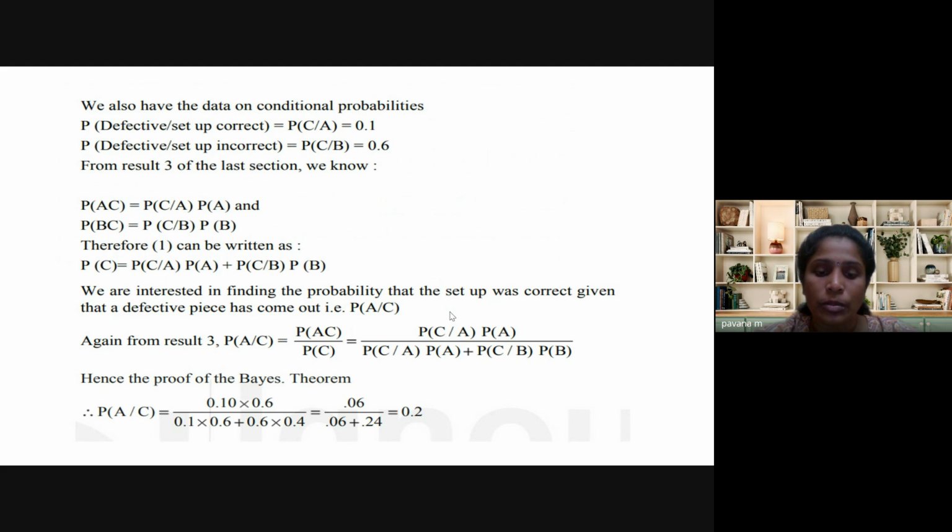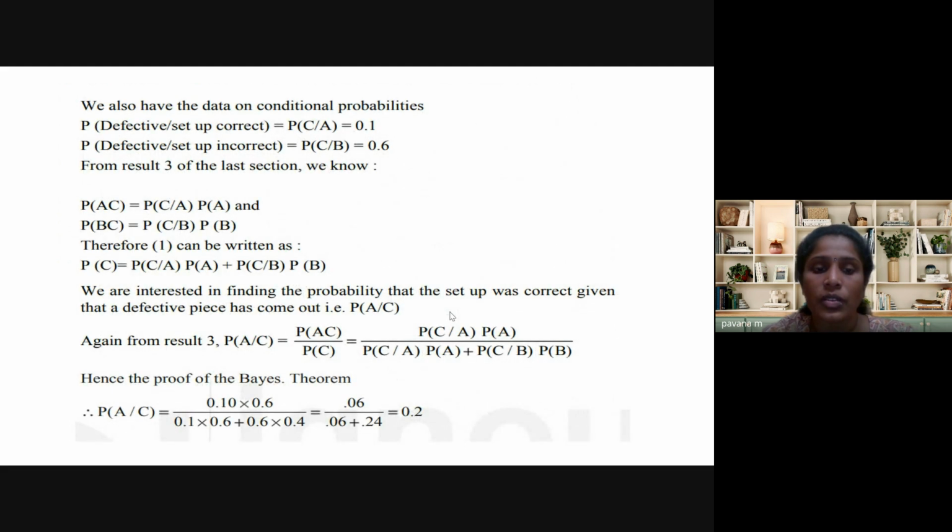When you calculate this, you will get the value 0.2. That means P of A by C is equal to 0.2. So when the machine was correctly set, this is the share of defective items produced: for every 100 products, you can expect 20% of products.